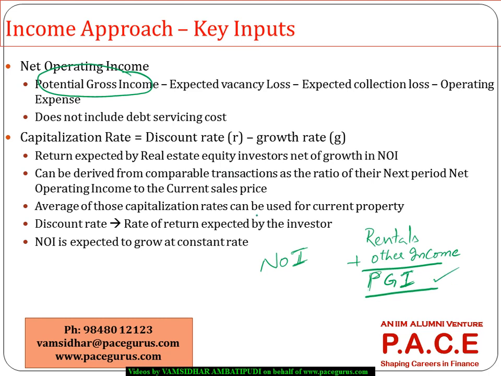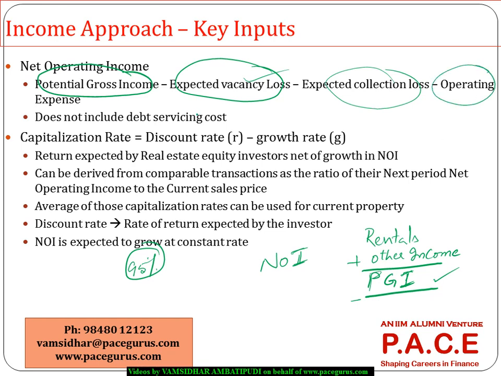So if the property has a 100% occupancy rate, I am going to get this potential gross income. If there is an expectation from previous data that the occupancy rate is only 95%, it means 5% of the time the property is unused. So based on that, whatever loss I am going to incur, that 5% of this total rental value, because of vacancies or because of non-collectability of the rent, all those things get subtracted, minus the operating expenses.